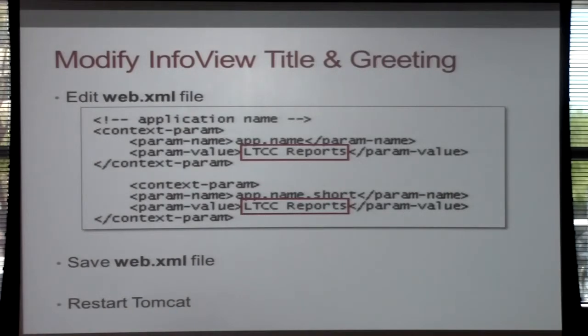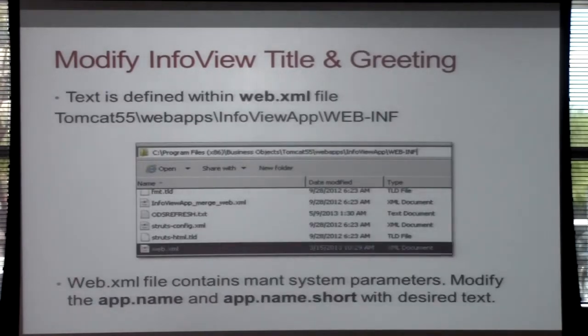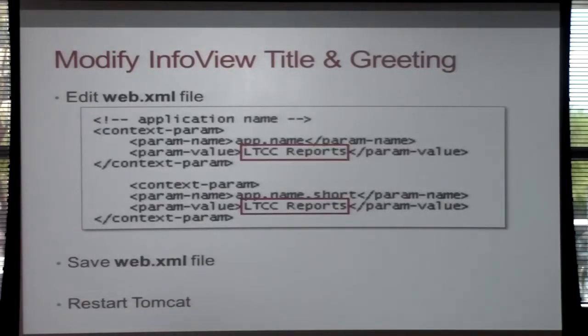So here's how you modify that web.xml file. It's actually fairly simple. You're going to go into your business object server, and then navigate to that directory. In that directory, you're going to open the web.xml file.